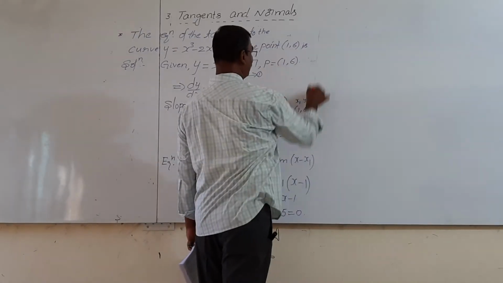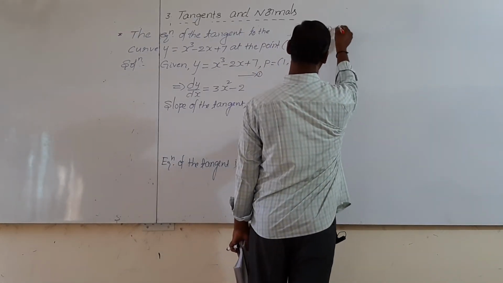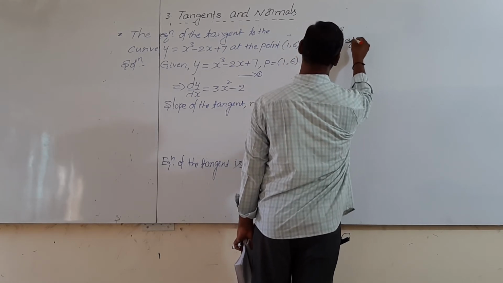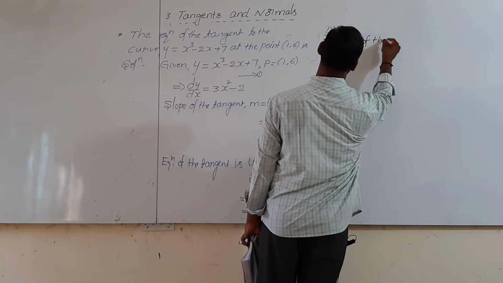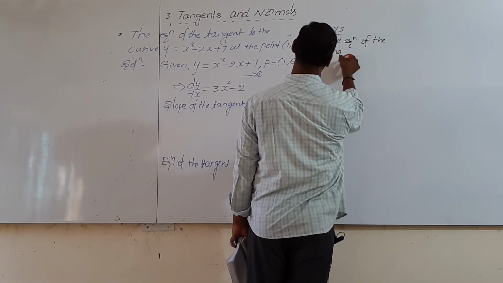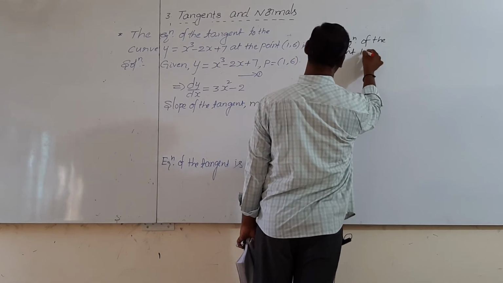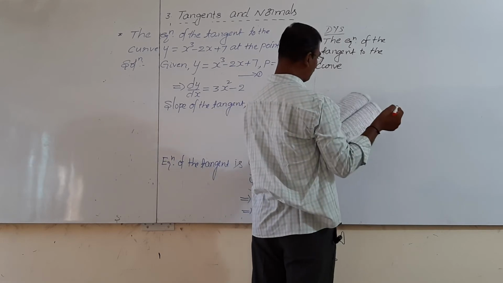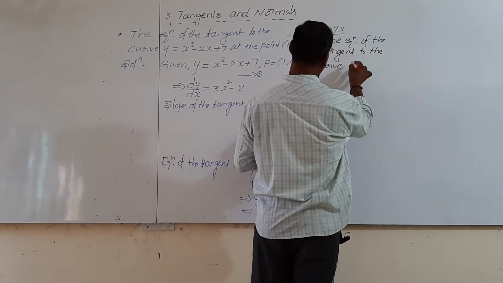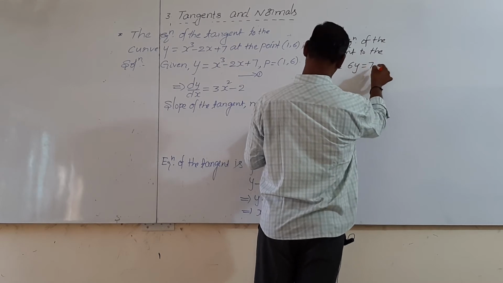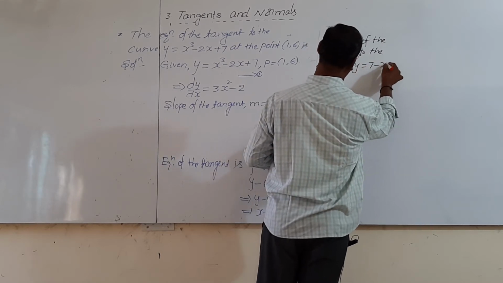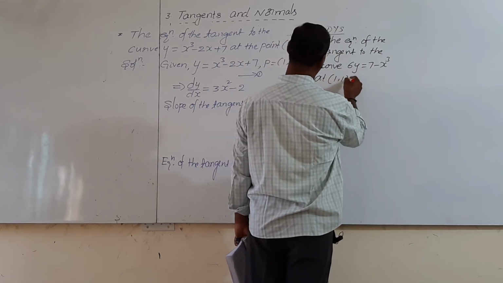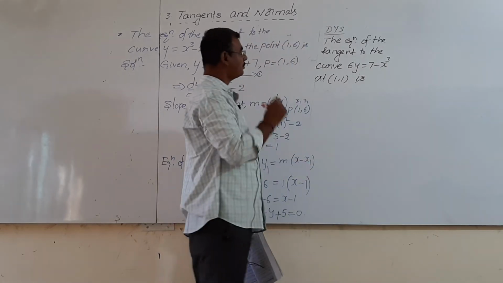So here I am writing a homework question. Do it yourself. The equation of the tangent to the curve 6y is equal to 7 minus x cube at the point (1, 1) is.